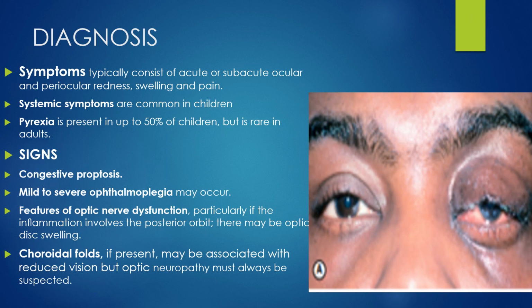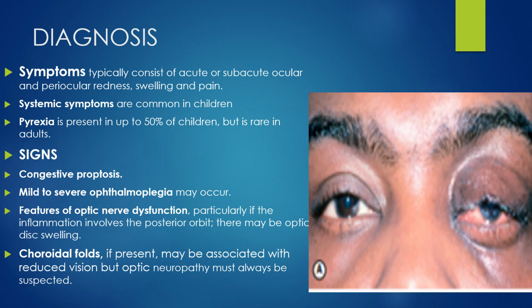The diagnosis can be made clinically from symptoms, which typically consist of acute or subacute ocular and periocular redness, swelling, and pain. Systemic symptoms are common in children, who may have pyrexia in up to 50% of cases, but it is rare in adults.